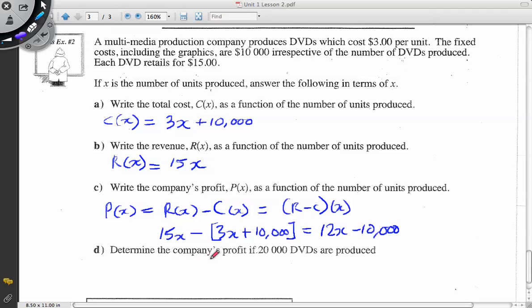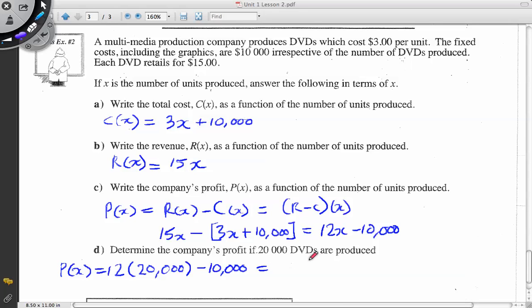Determine the company's profit if 20,000 DVDs are produced. In other words, x becomes 20,000. So 12 times 20,000 minus 10,000. So we're just using this equation for the profit, and I really should put p of x equals that.